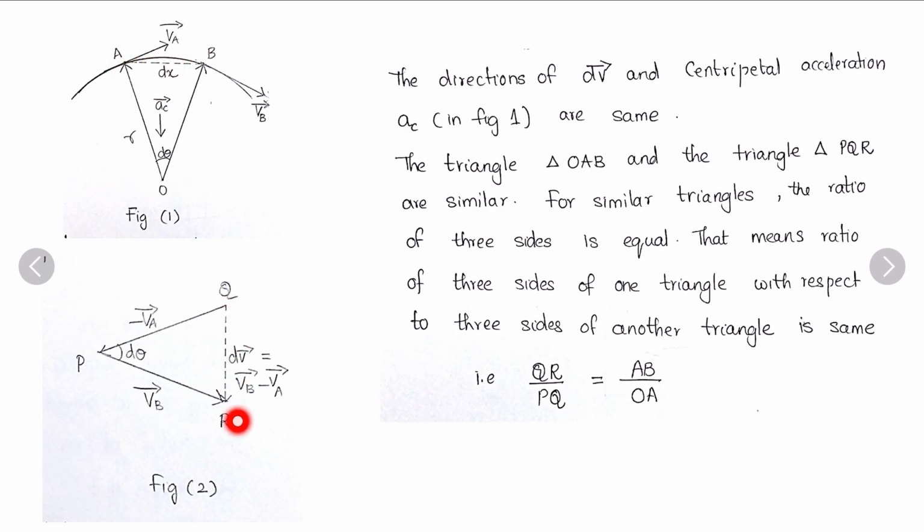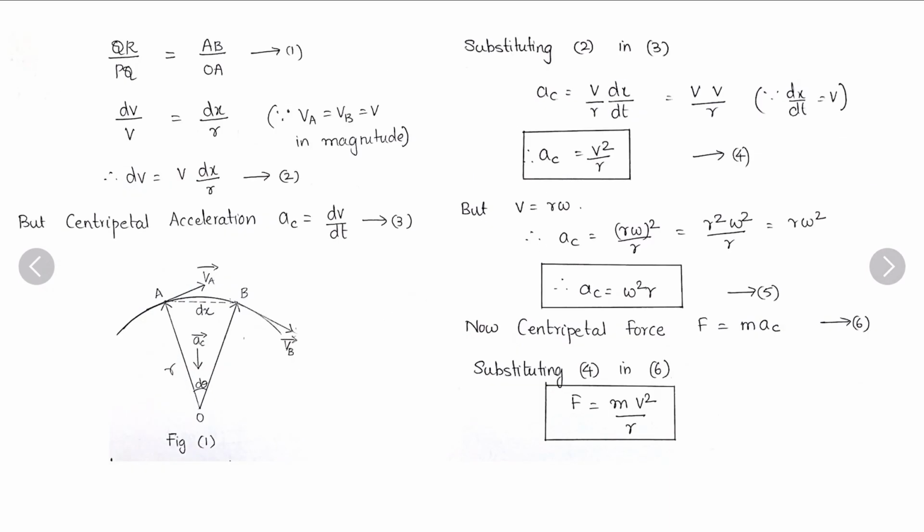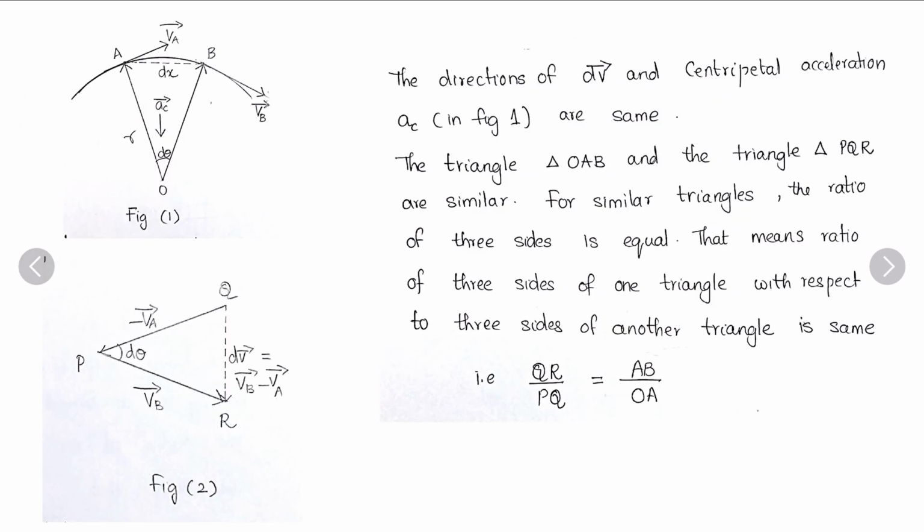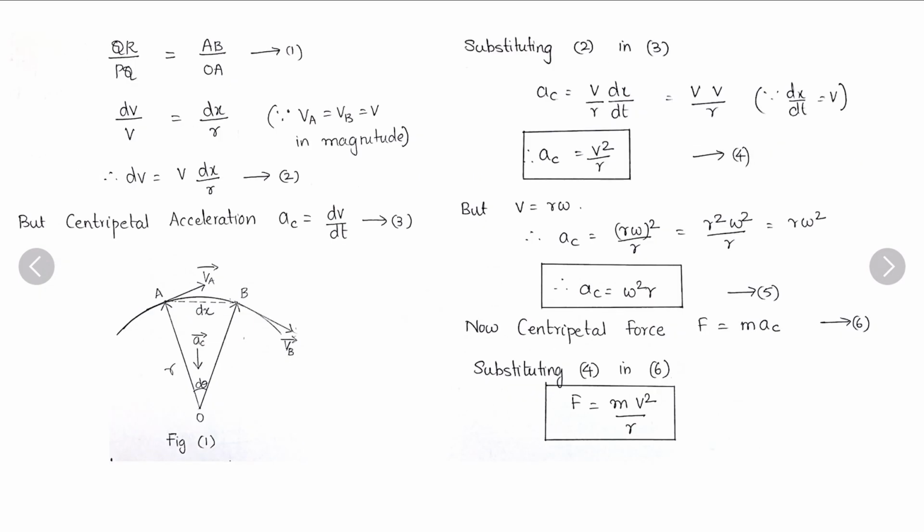AB is similar to QR, and PQ is similar to OA. Therefore in similar triangles the ratio is the same, so we are taking QR by PQ equal to AB by OA. Then let's continue our discussion. You can see from there, QR by PQ is equal to AB by OA.